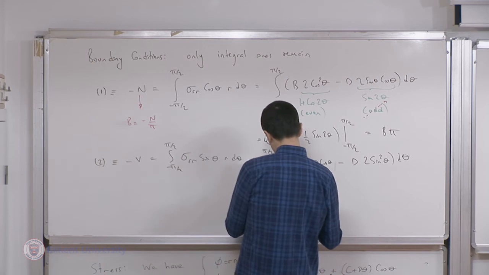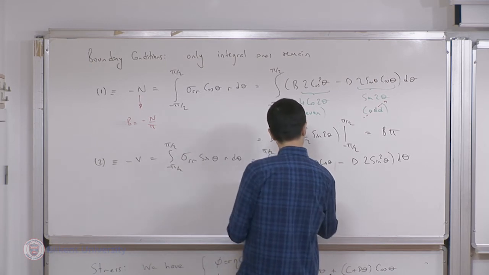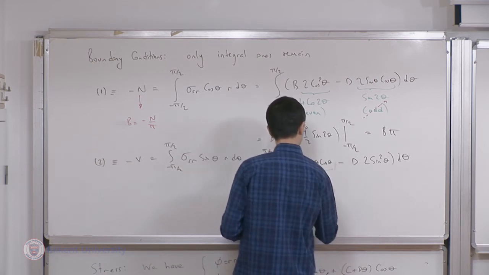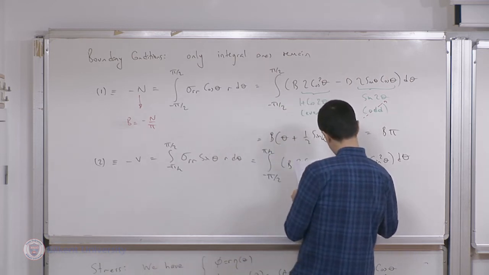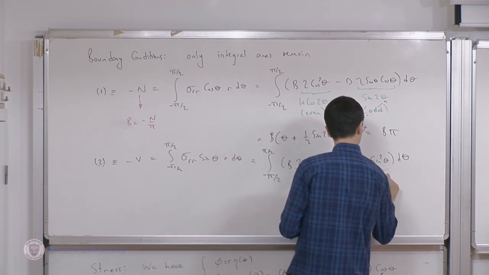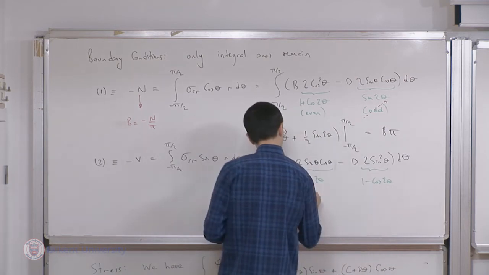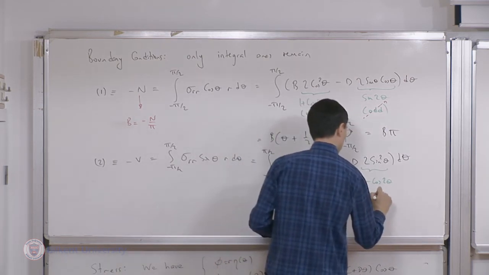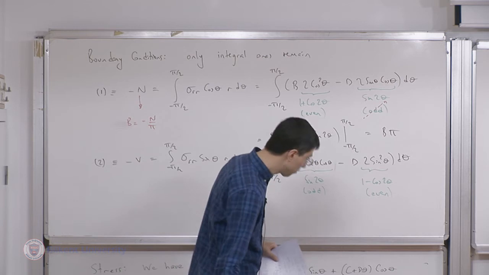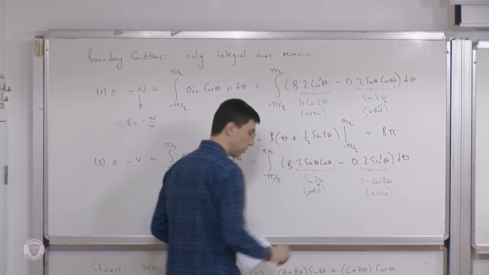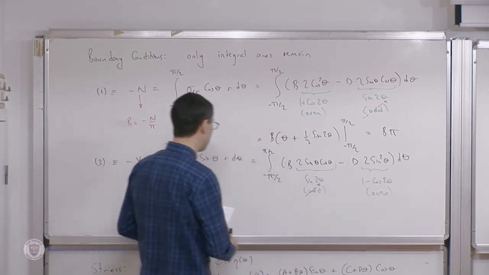And so we have the first term, it's sine 2 theta, and the second one is 1 minus cosine 2 theta. And the first one, again, it's odd. The second one, it's even. This one is going to cancel from the outset, right?